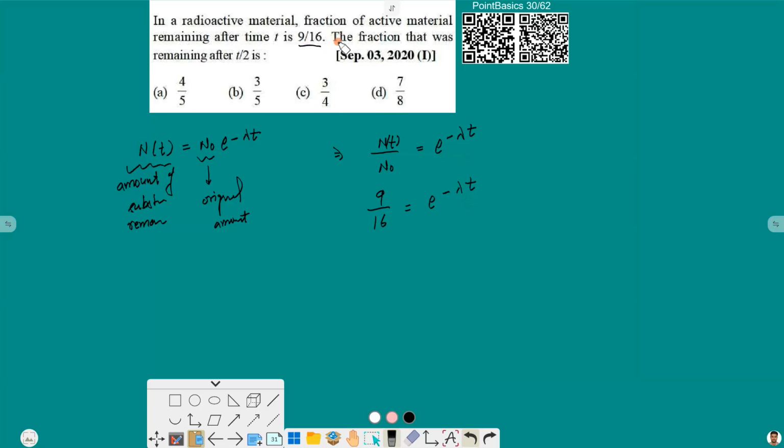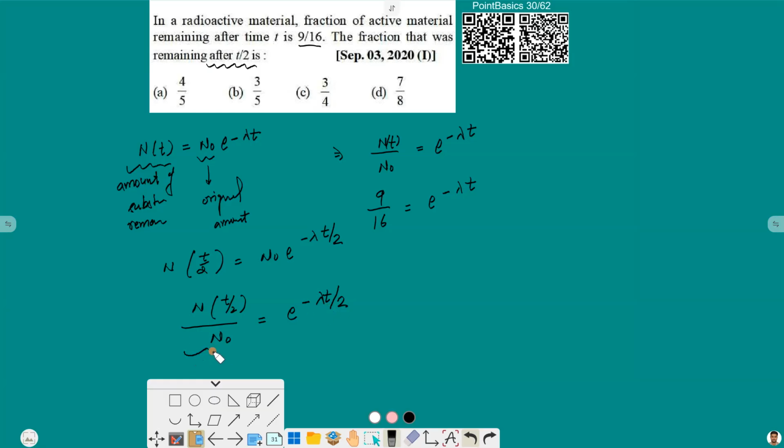Now let us write the same equation for time t by 2. N_(t by 2) will be equal to N_0 e raised to power minus lambda into t by 2. So N_(t by 2) divided by N_0, the fraction remaining after time t by 2, will be equal to e raised to power minus lambda t by 2.